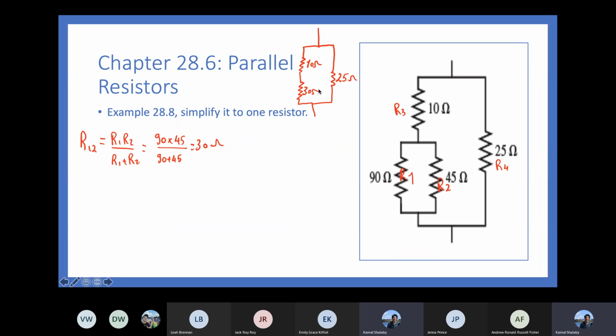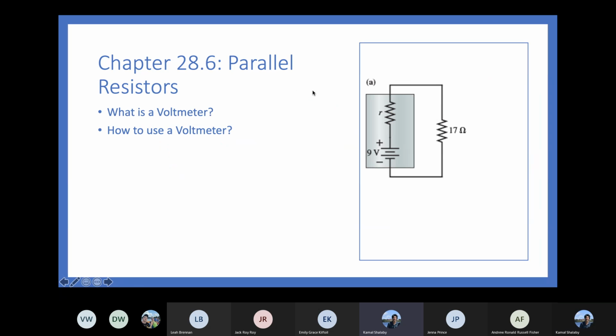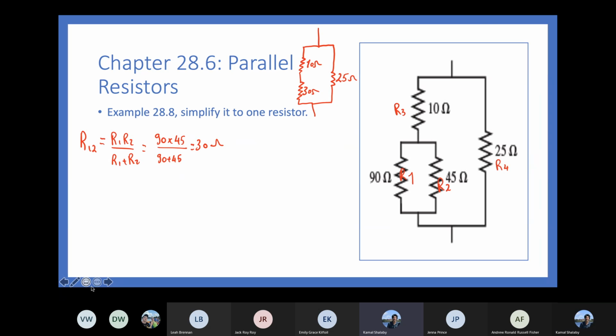Okay, so now we have this is ohms. Looks a bit weird, but this is ohms. Now we have 30 and 10 and 25. So what is the total of that?